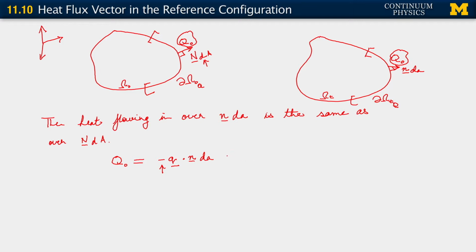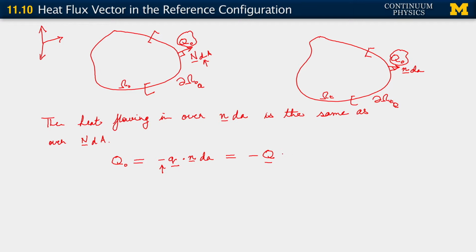In the reference configuration, we want to say that this is equal to minus a heat flux vector in the reference configuration, which I'm going to call Q, at the small risk that this may be confused with our standard rotation tensor. So let's remember that they're different, just by context.